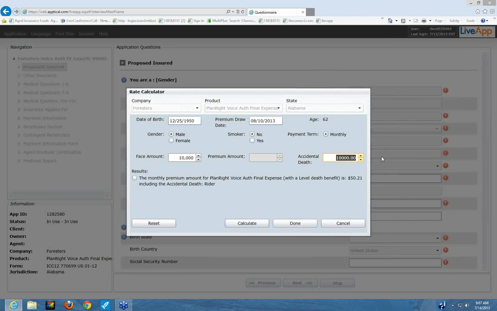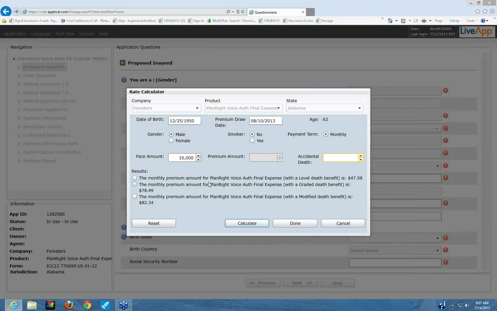But if he says no, then all you do is highlight, backspace, and then you hit calculate again to go back to your original quote. Make sure you do this. And then there it is. It goes back to the $47.58 rate. Again, if they're graded, if they're modified, you pick what you feel based upon your questions.